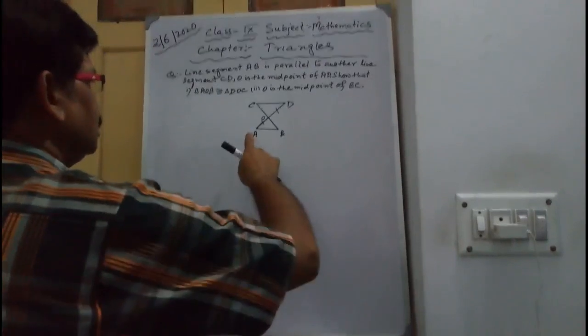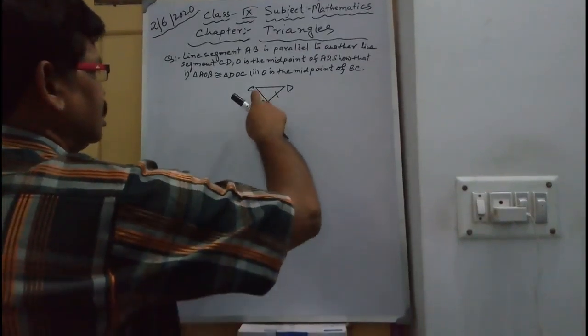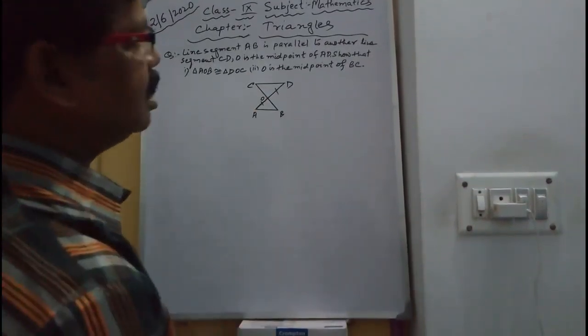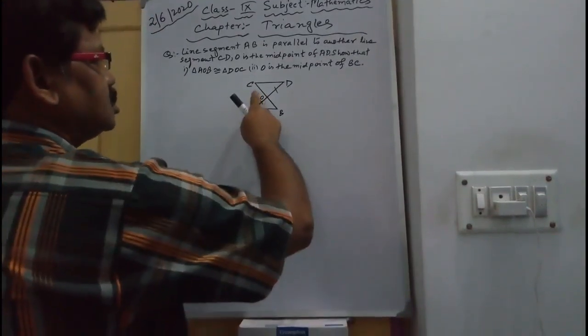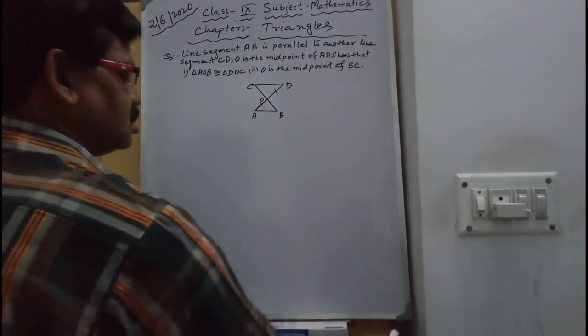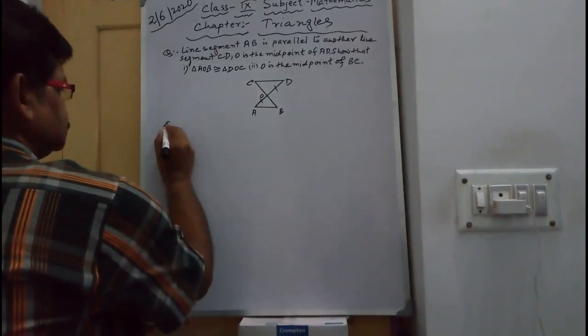Show that triangle AOB is congruent to triangle DOC. And second, O is also the midpoint of BC. So, solution.